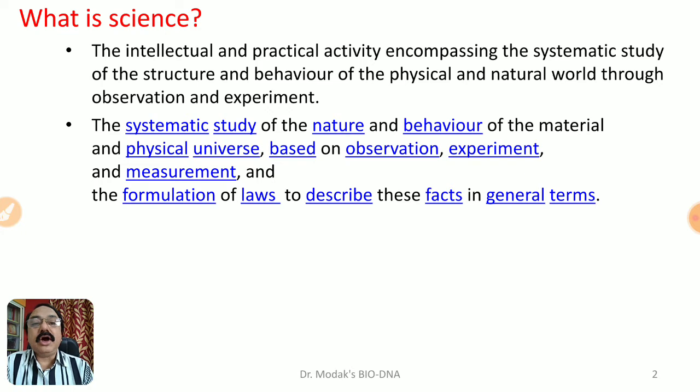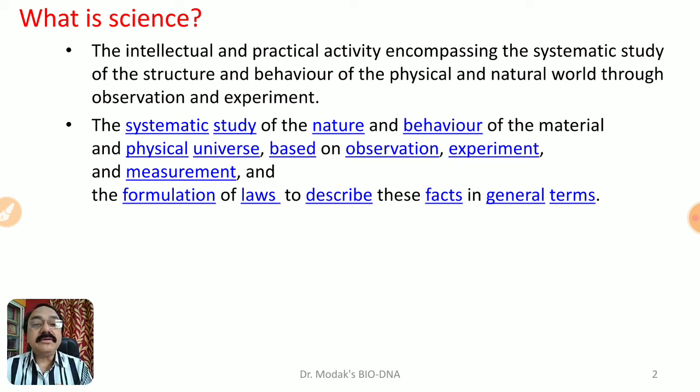And the knowledge obtained from that is studied experimentally again and again, and then it is established as a law. Therefore, it is defined as the intellectual and practical activity that encompasses the systematic study of the structure of the world and the behavior of the world.